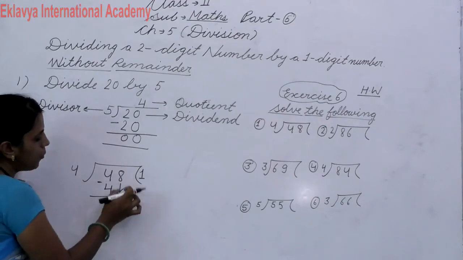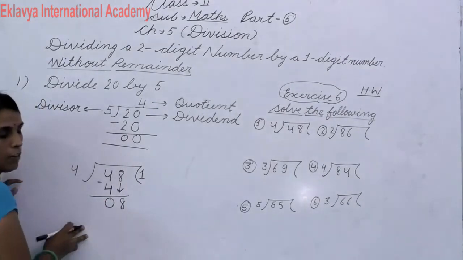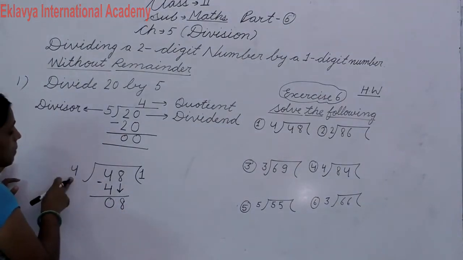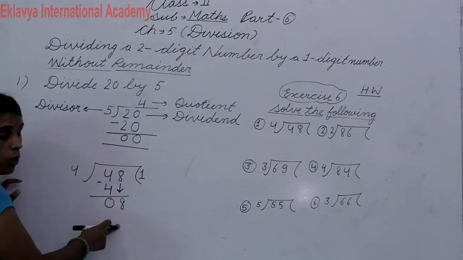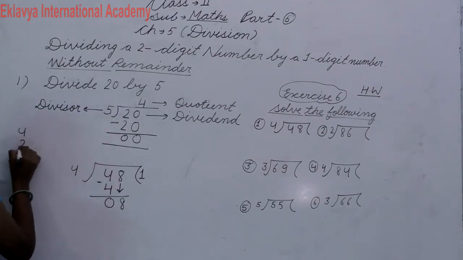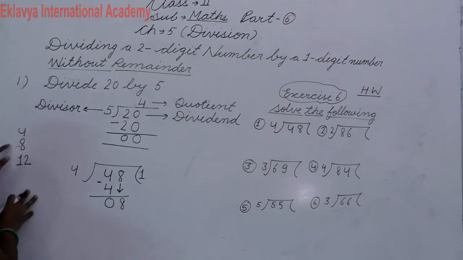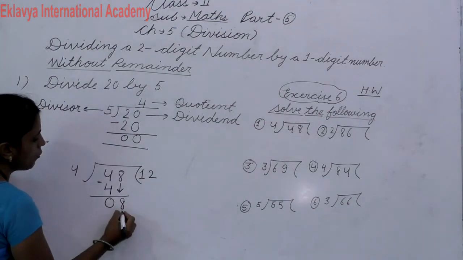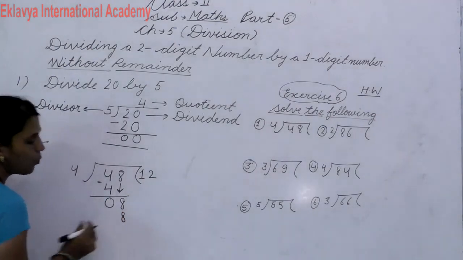And we will put 8 here in front of that number. Now we will check in this table if 8 has come or not. Listen: 4 ones are 4, 4 twos are 8, 4 threes are 12. So in which number has 8 come? This is your 2. So now we will put 2 here, and we will put 4 twos are 8.